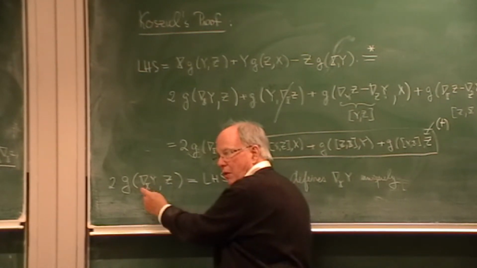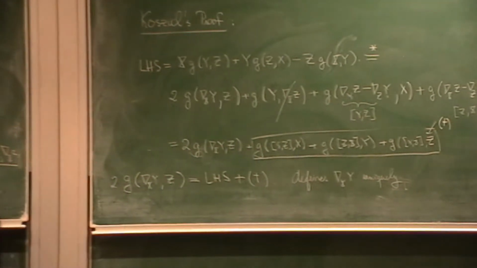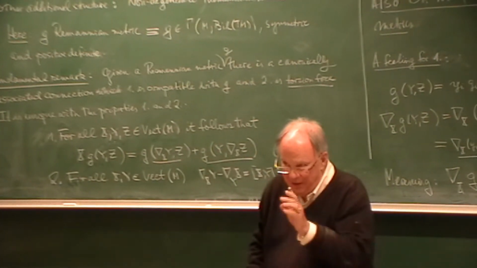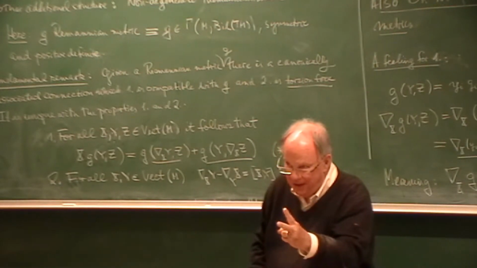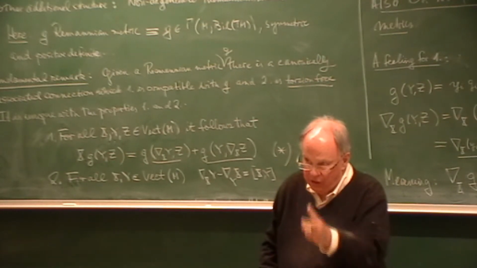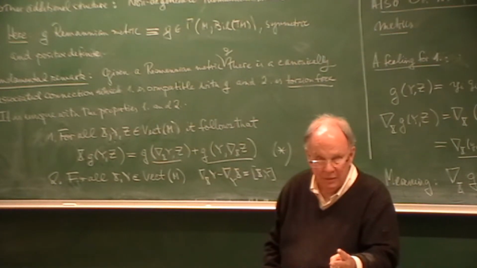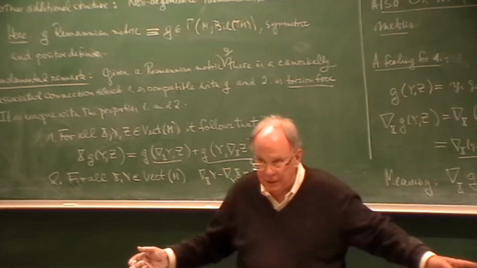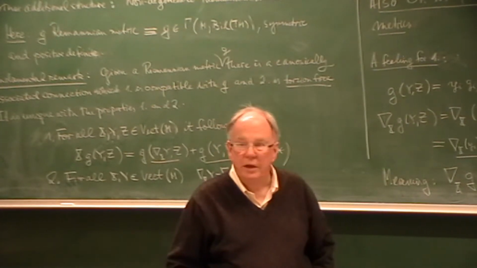So this equality is by the metric compatibility. What did we prove? We proved using the metric compatibility and torsion free, you get a formula. That is the statement that metric compatibility plus torsion free determines the connection. So it's called Cozens' formula for the connection.